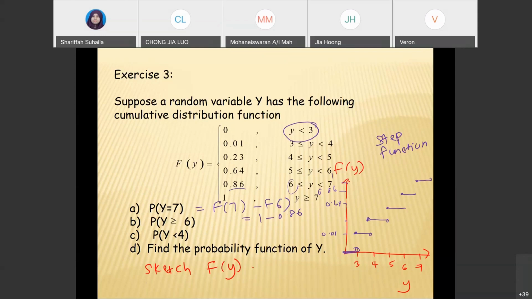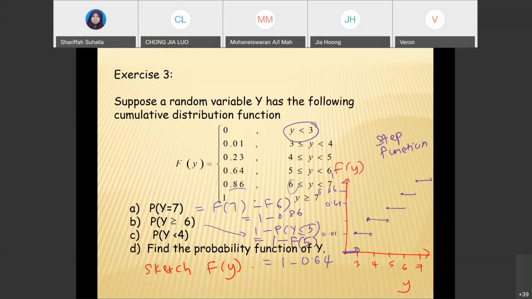We use the cumulative distribution concept: 1 minus probability y less than or equal to 5, so 1 minus capital F5, which is 1 minus 0.64, so 0.36.